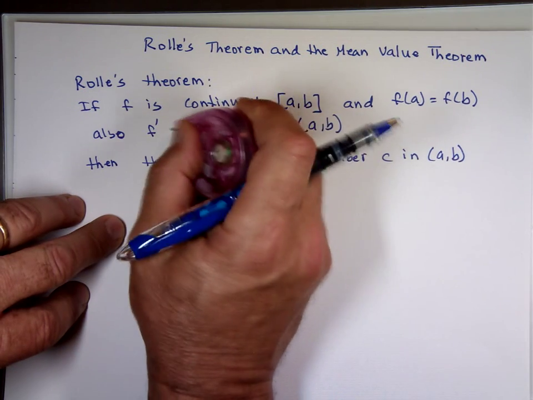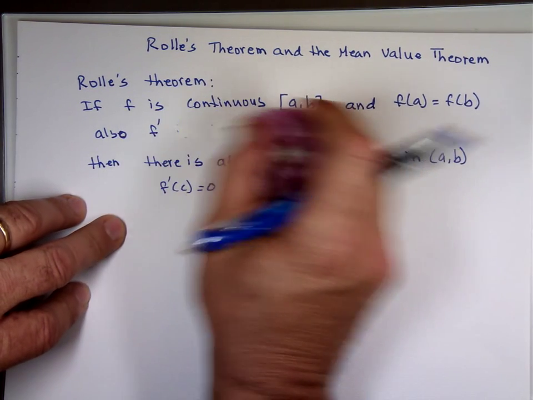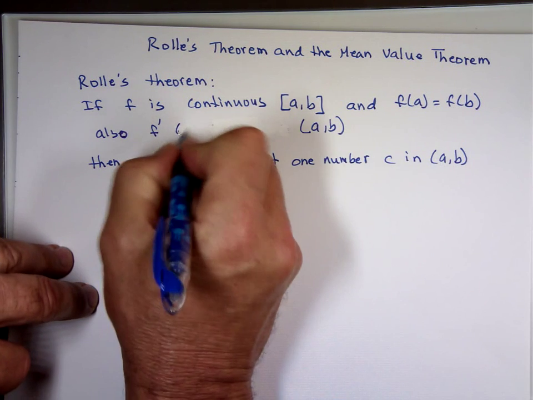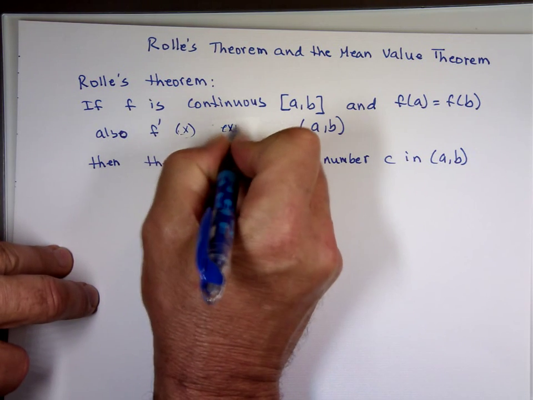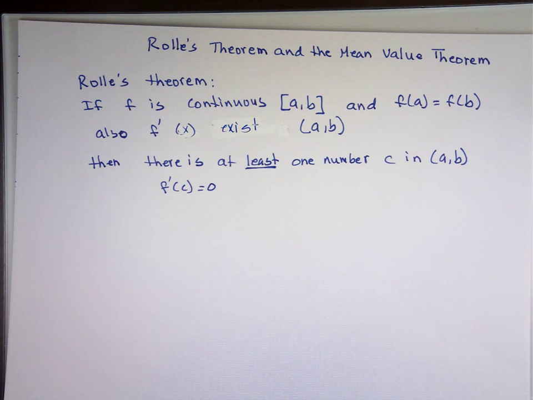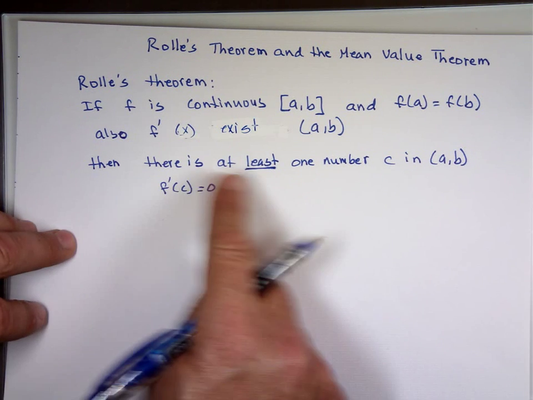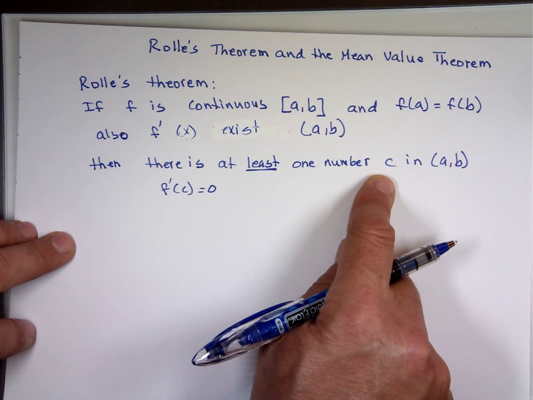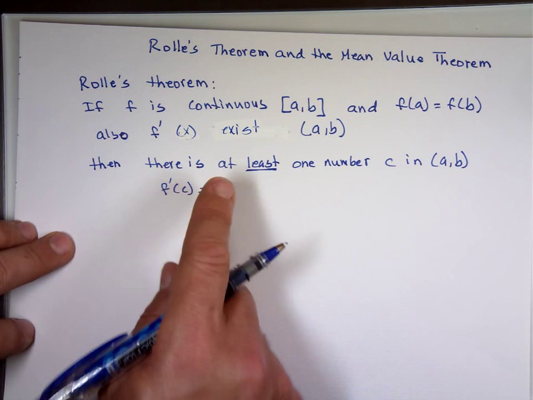There's a derivative between A and B. I like that better. Then it says there has to be at least one point between A and B, we call it C, where the derivative there is equal to 0.